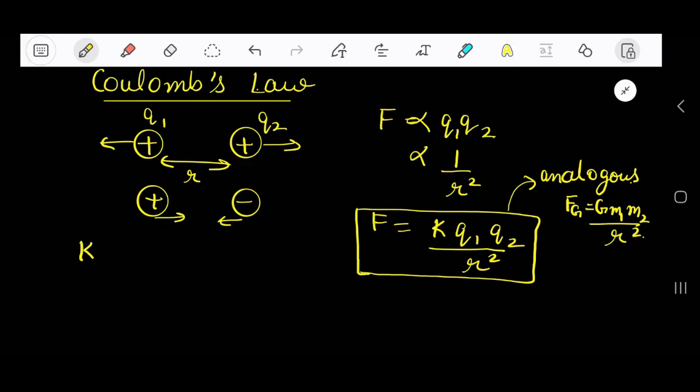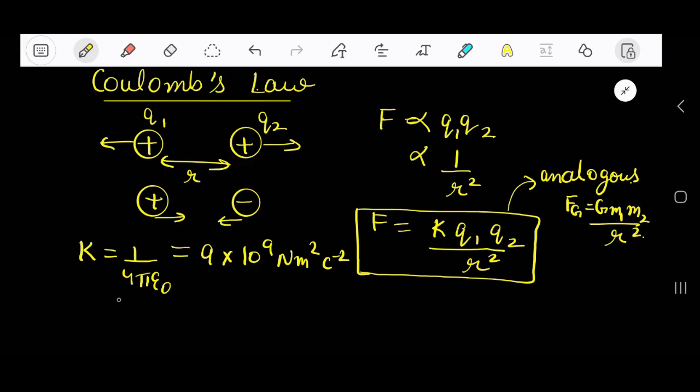Here the value of k is 1 by 4 pi epsilon naught, where epsilon naught is for calculating in vacuum, and its value is 9 into 10 raised to power 9 Newton meter square per Coulomb square.